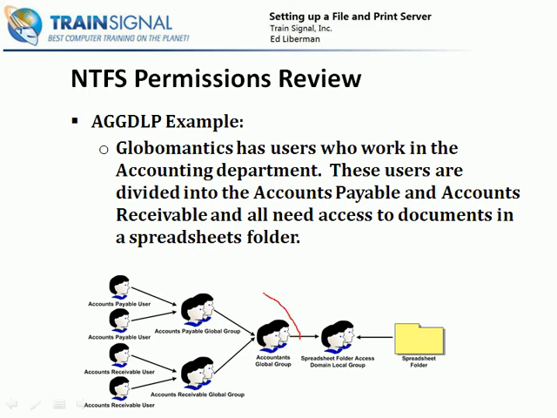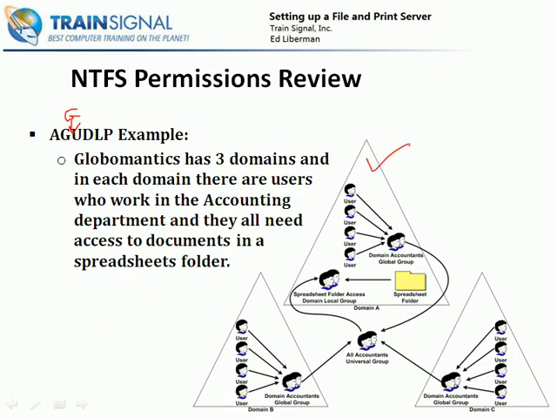If we did this part right here, in each of the 3 domains, and then the rest of this would be the same, where the domain group goes into the universal group, and the universal group goes back into a domain local, which gets the permissions to access the resources. Very confusing, but if you're going to take a Microsoft exam, you have to know it. Always had to.